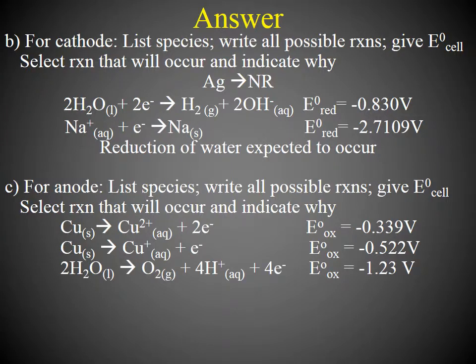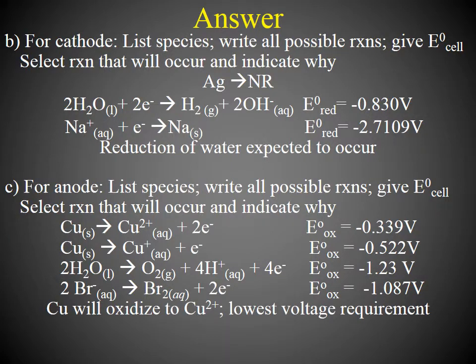I could have the oxidation of water. I could have the oxidation of the bromide ion because that's what is in solution. So it seems like the most likely reaction to occur here is going to be the oxidation of copper to copper 2 because it has the lowest voltage requirement.